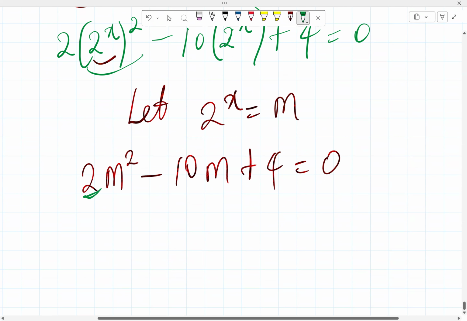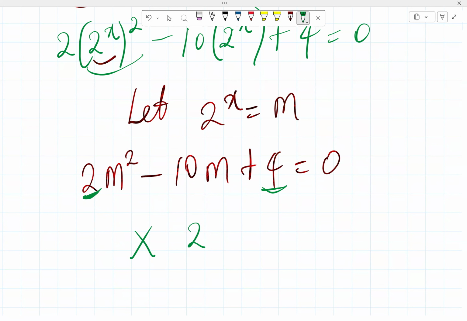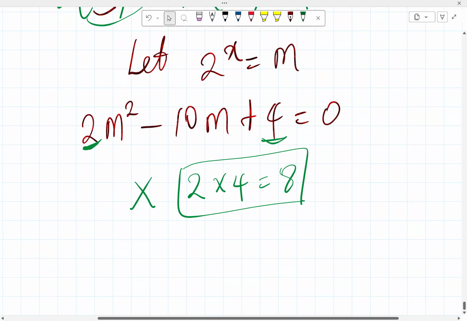Because the coefficient of m squared is not 1, we have to factor that in. So we have 2 times this. We need two numbers that multiply to get 2 times 4, which is 8, and that add to get minus 10, this minus 10 right here.